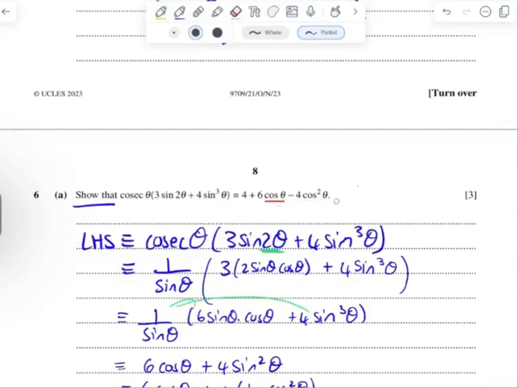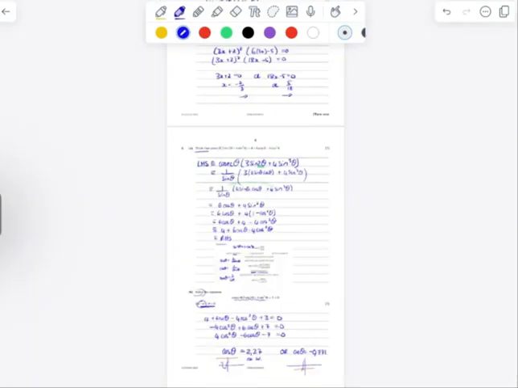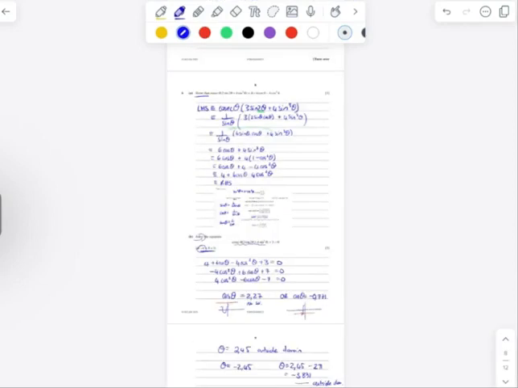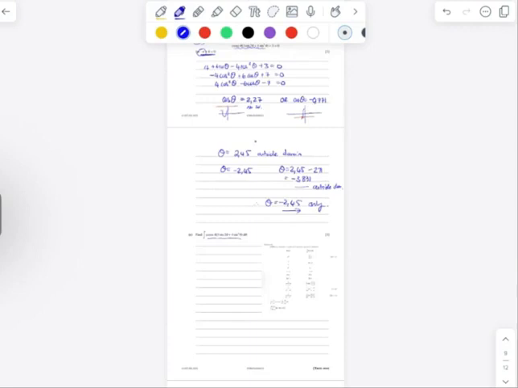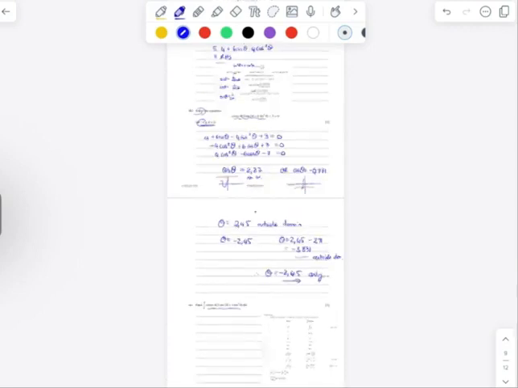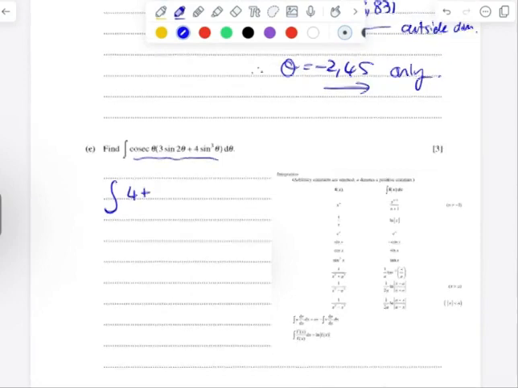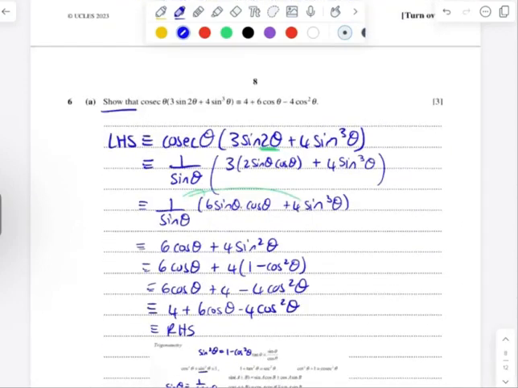Generally you'll find that it's easier to integrate part A than part B. Here we can see it's exactly the same thing, cosec theta, and then we have 3 sine 2 theta and 4 sine cubed. So what I'm going to do instead is work out the integral of this other part.